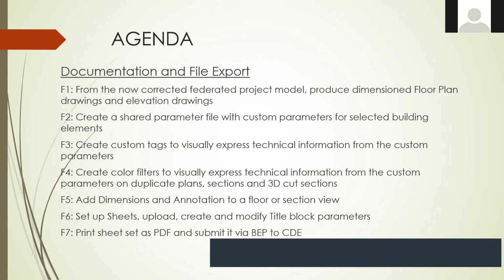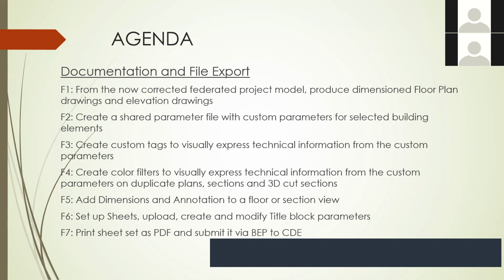From the now corrected federated project model, we produce a dimensioned floor plan, drawings, and elevation drawings. Then create a shared parameter file with a custom parameter for selected building elements. Create custom tags to visually express the technical information from the custom parameters.